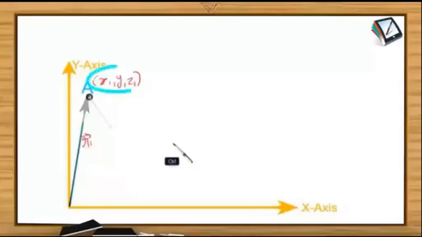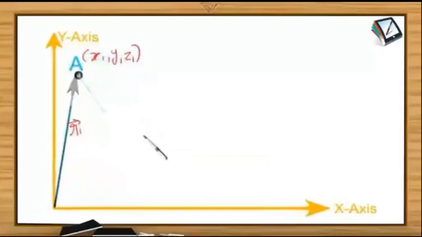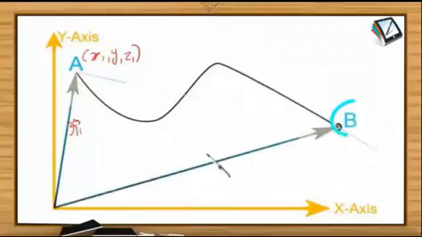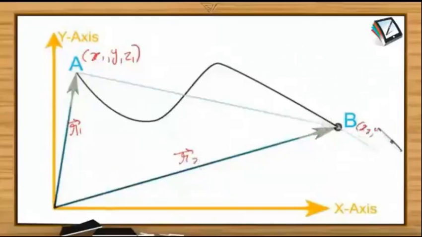So here at point A, x1, y1, z1 are the initial coordinates of the particle, and this particle follows a particular path and then reaches another point B. Its position vector is say R2, and just assume that x2, y2 and z2 are the coordinates of the point B. The particle is following this particular path and reaching here.